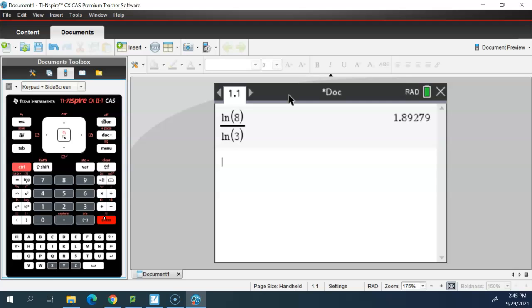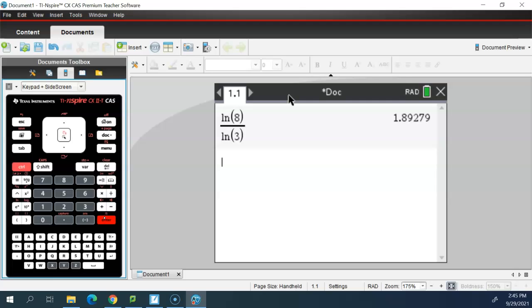Now, logically thinking, the exponent on 3 to get 8 needs to be bigger than 1, but smaller than 2, because 3 squared is 9. Closer to 1 or closer to 2?